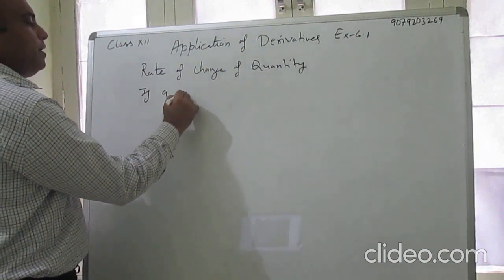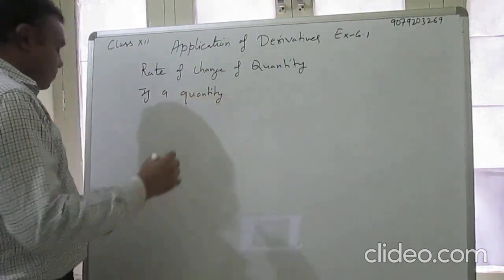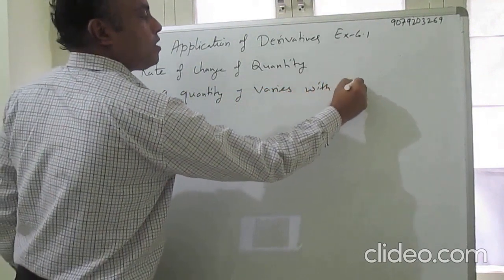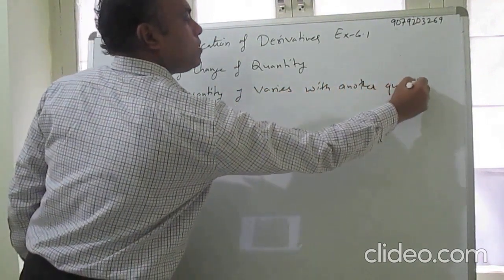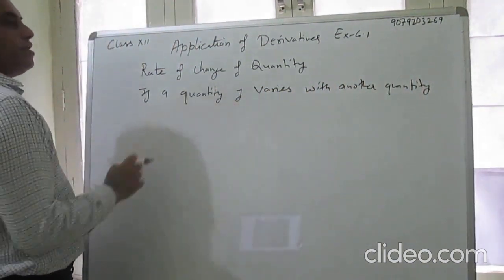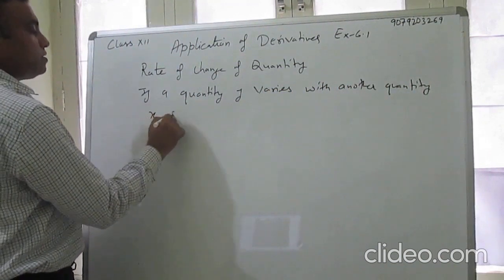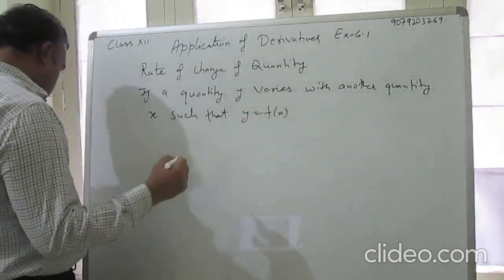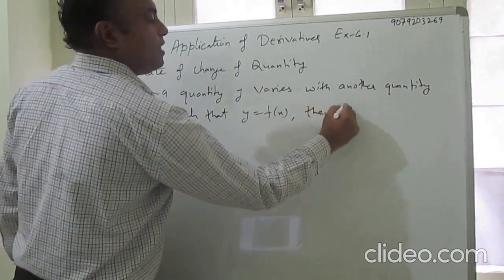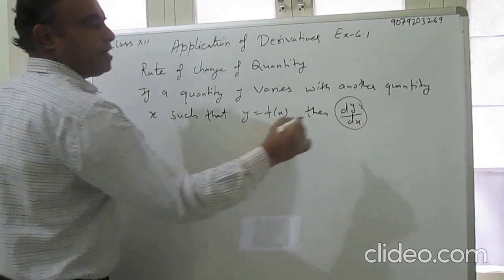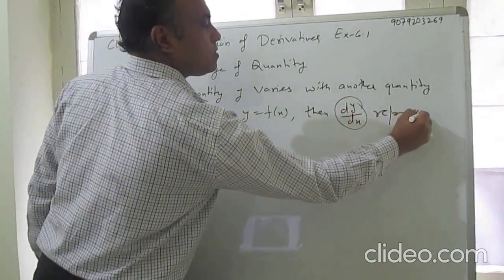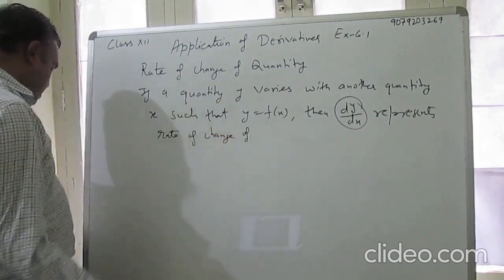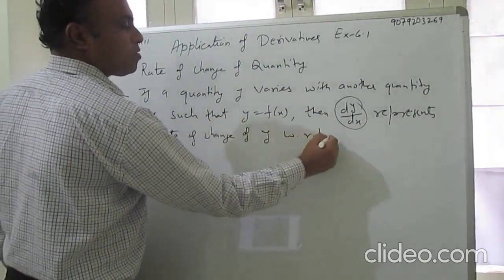If a quantity y varies with another quantity x such that y is equal to f(x), then dy by dx represents rate of change of y with respect to x.